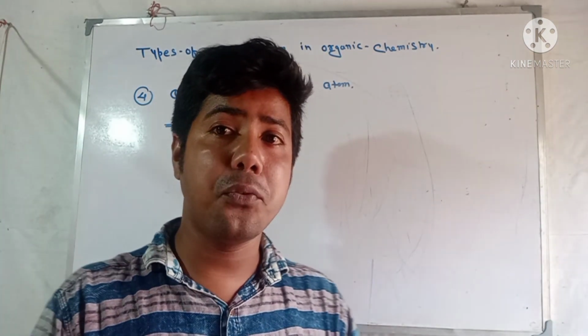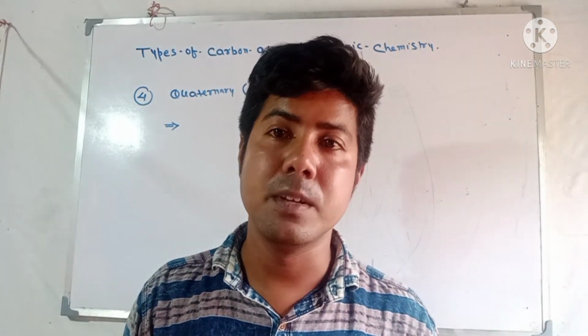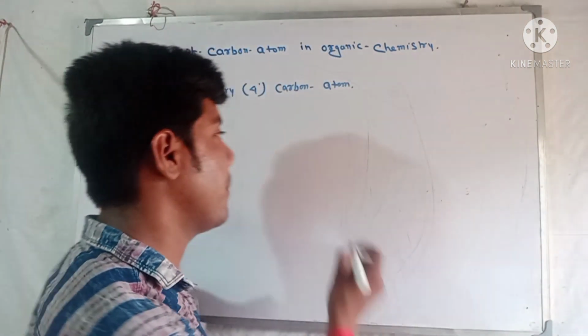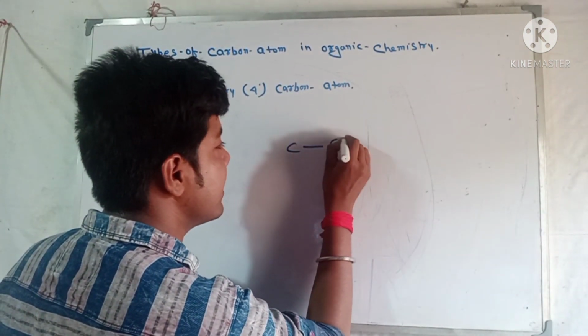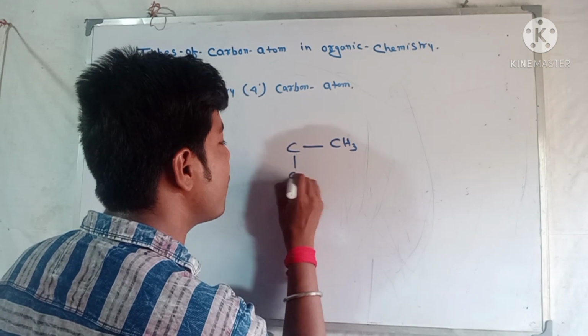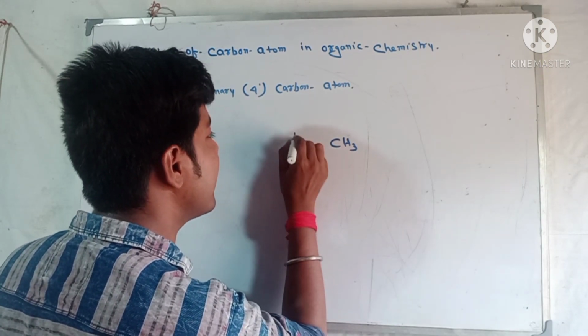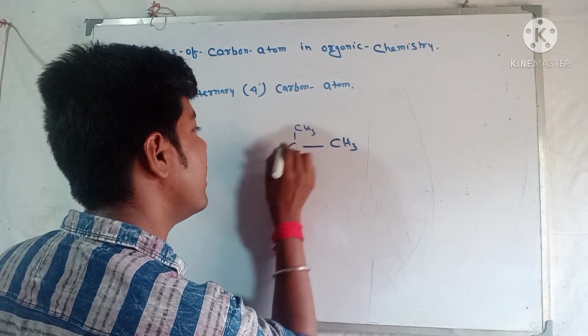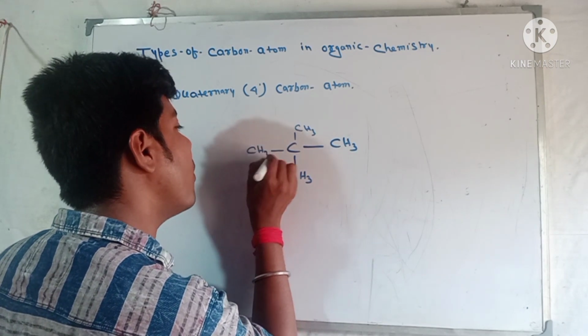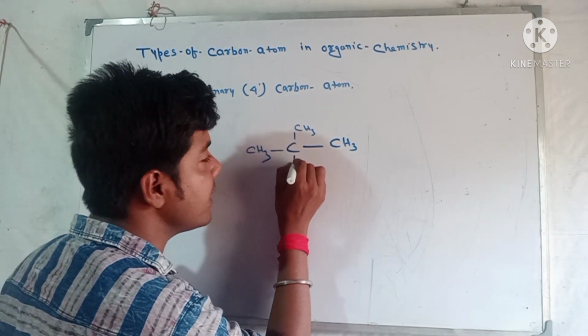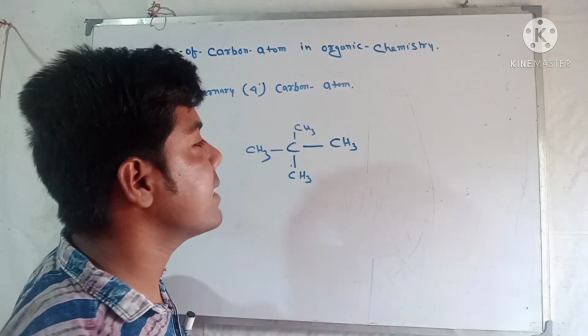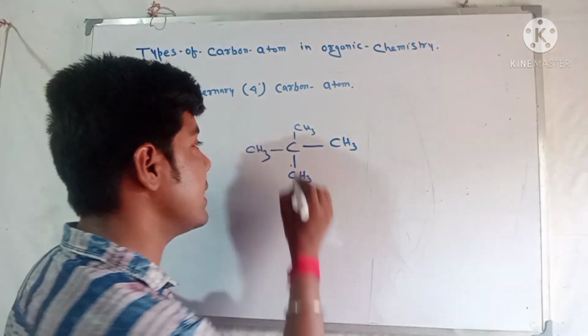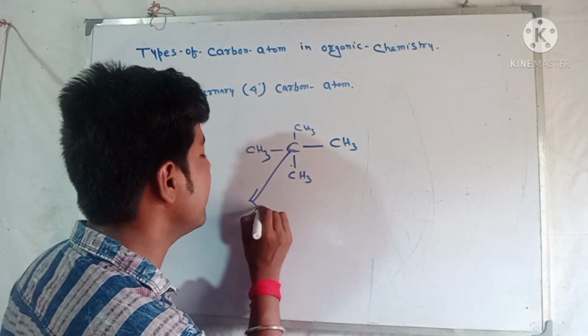This is called 4 degree or quaternary carbon atom. Here is the example of a quaternary or 4 degree carbon.